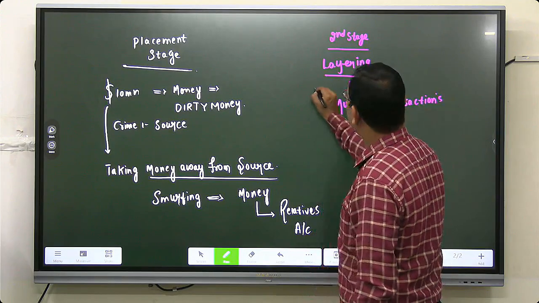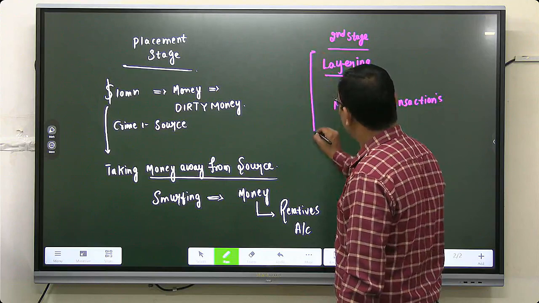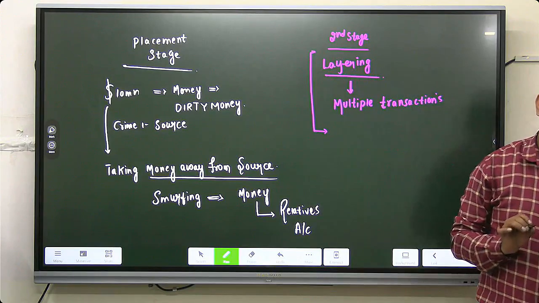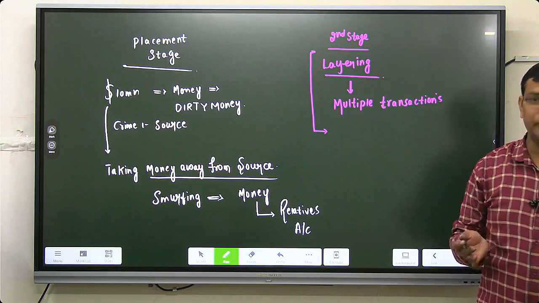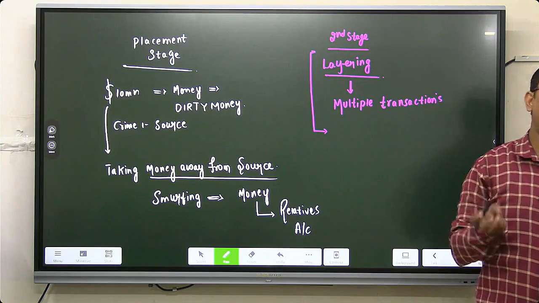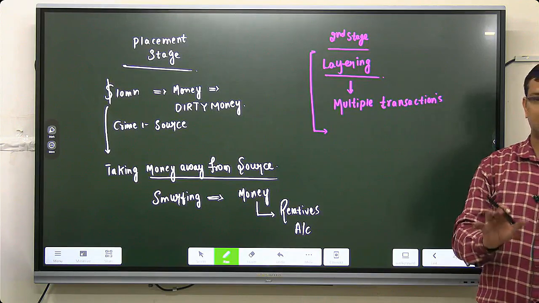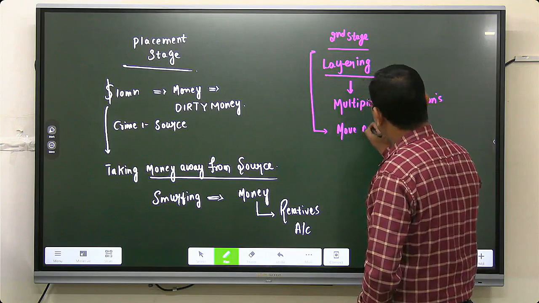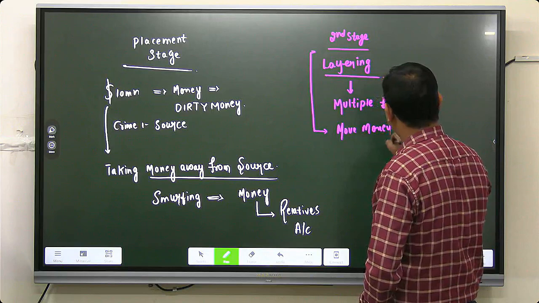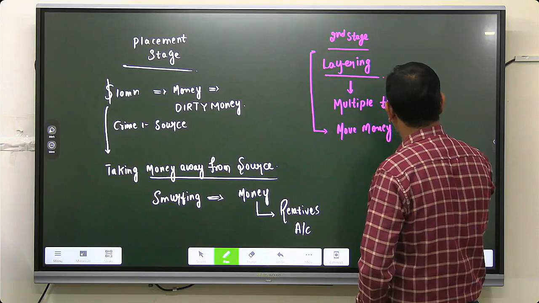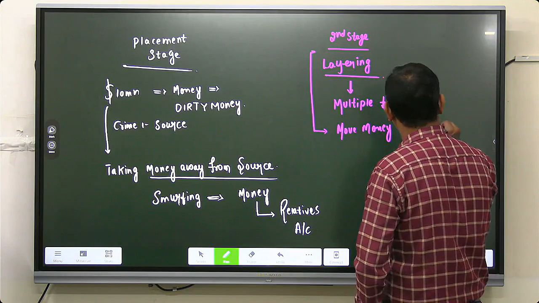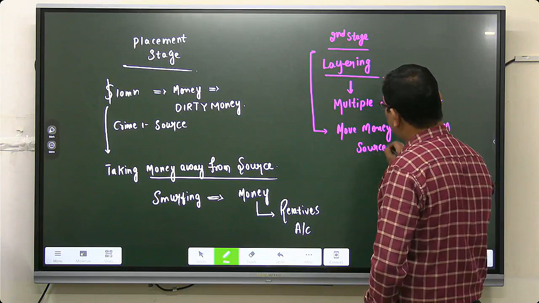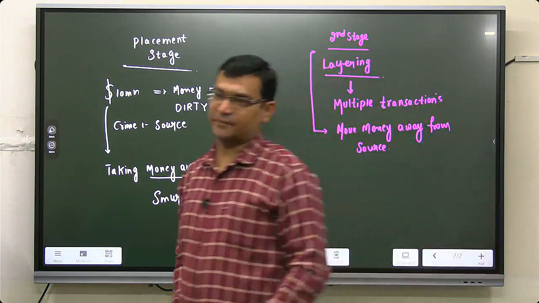What is an aim in this layer? From the source, move away the money from the source by having multiple transactions. Here also same thing, move money away from the source region. Right, clear?